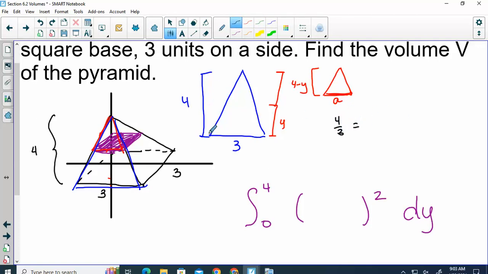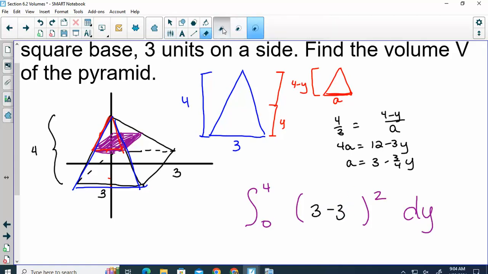So the height over the base is the height of my small one, 4 minus y over the base, A. A is what I'm trying to solve for here. So if we cross multiply, divide by 4, so we get 3 minus 3/4 y. So that is the length of the side.